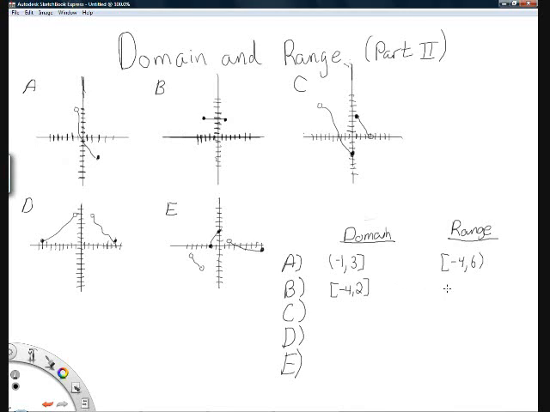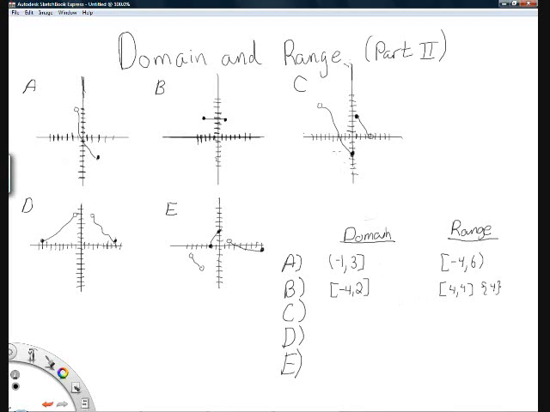So for that, if you want to write an interval, you could write 4, comma 4. Or you could write it as a set of points, which is 4.